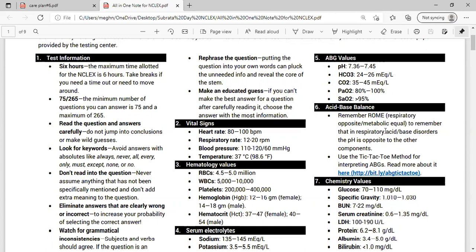In respiratory acidosis or alkalosis disorder, the pH is opposite to the other component. Whereas in metabolic disorder, the pH is equal in relation to the other component.